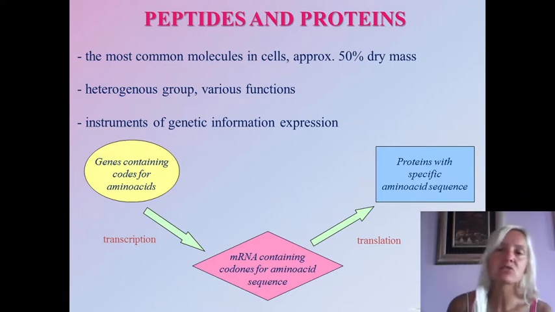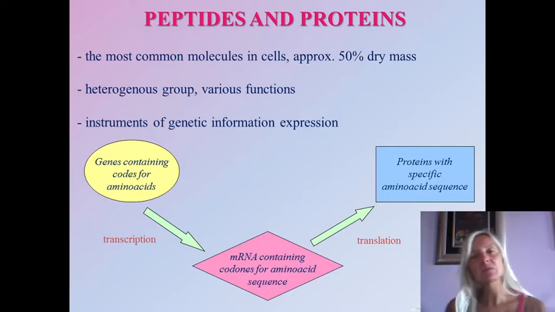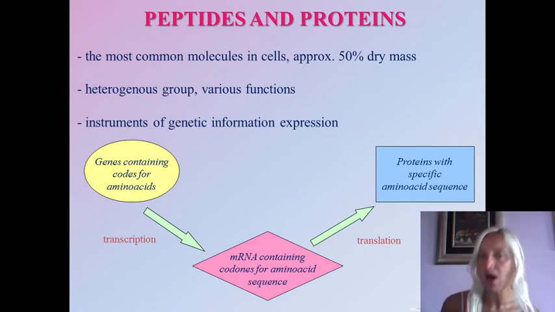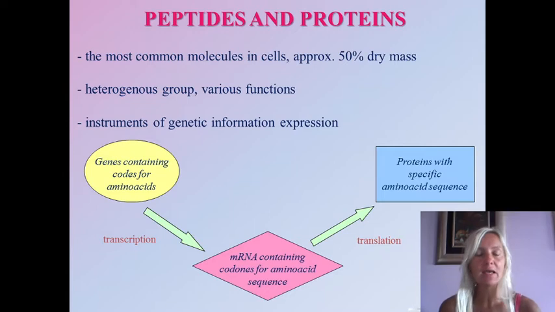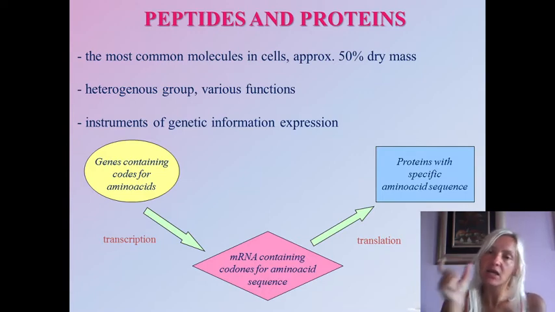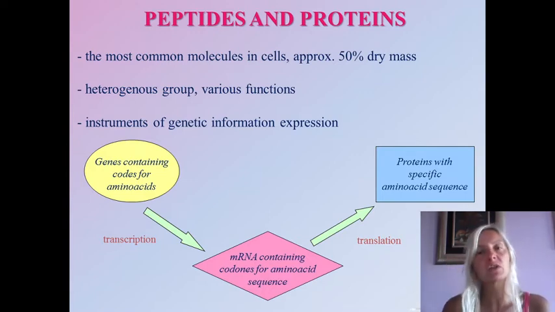The first one is transcription, where the sequence of nucleotides is transcribed, or transferred, to the sequence of nucleotides on messenger RNA. Messenger RNA contains codons for amino acid sequences, where each codon, or triplet of nucleotides, defines a specific amino acid which is going to be incorporated into the structure of a future protein in the process of protein synthesis, or translation.